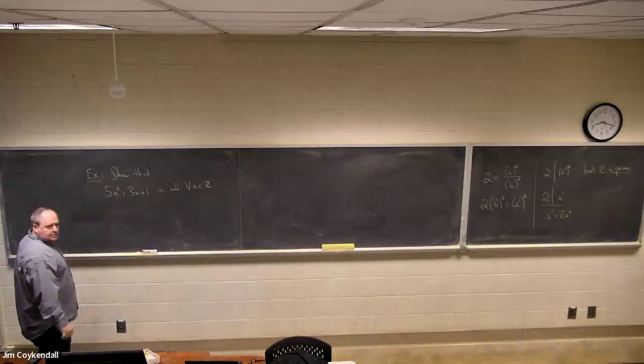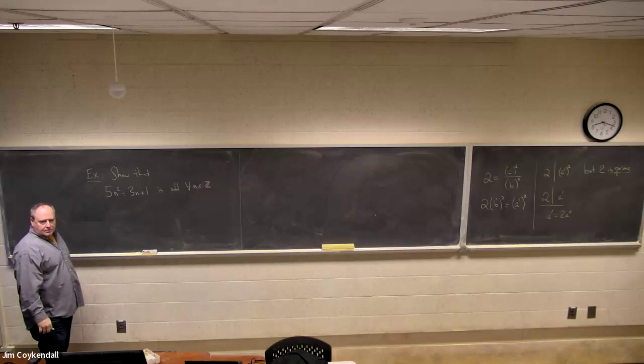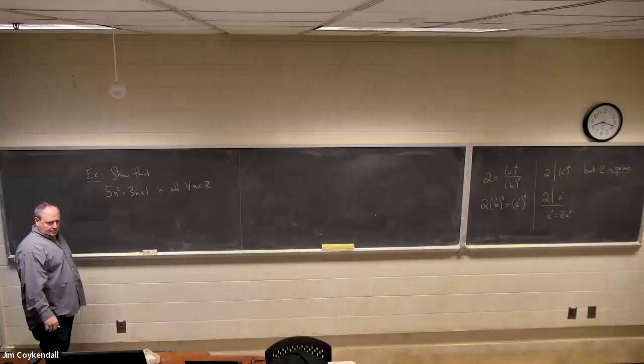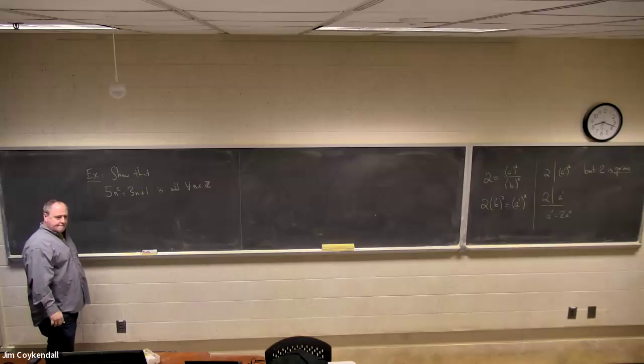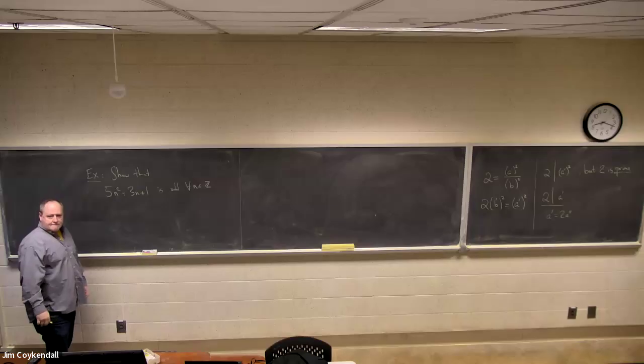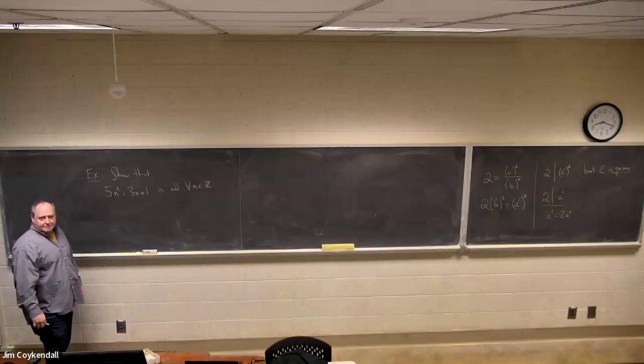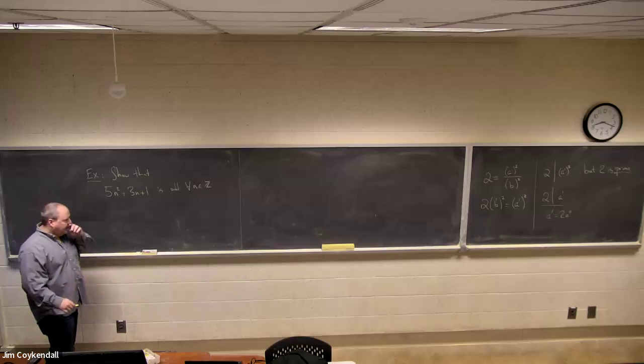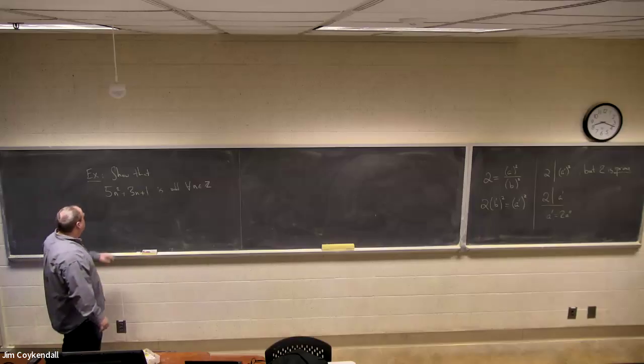If we put in an odd number, the square of an odd number is odd. And 3 times an odd number is odd, as well as 5 times the square of an odd number. So when you add those together, you get an even number. When you add one to an even number, you get an odd number. He's correct. Everybody get that? Maybe not, let's write it down, but you're absolutely correct.